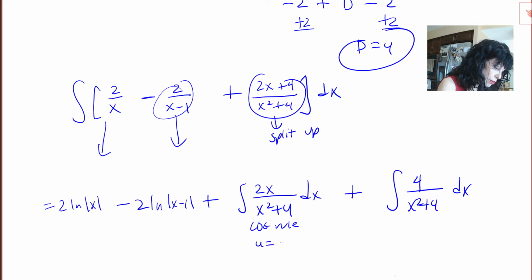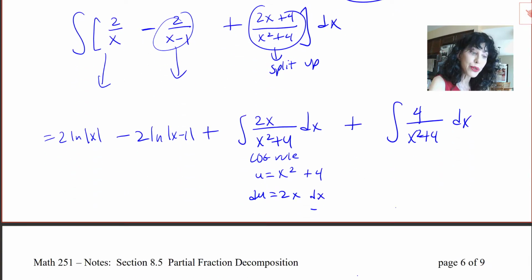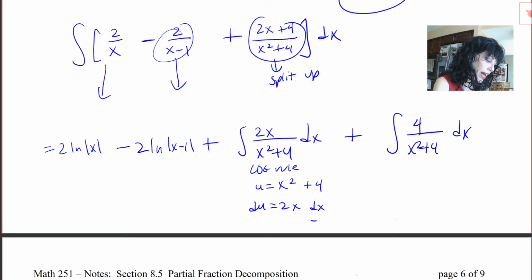Log rule with some u sub. U is x squared plus 4. du is 2x dx. So this integral already looks like 1 over u du, so that antiderivative will simply be ln, and I don't even need to put absolute value around the x squared plus 4. It's guaranteed to be positive.